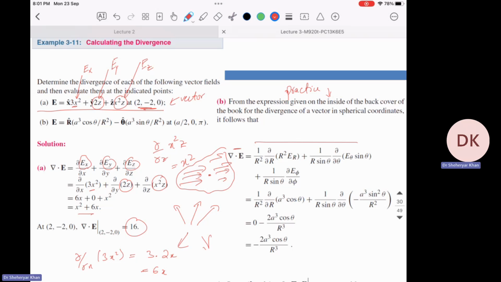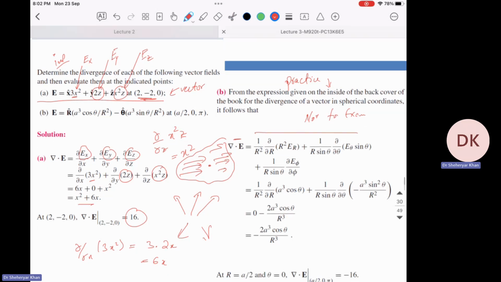This is not for exam, because divergence on rectangular component is okay. For exam we do not ask to apply on spherical or cylindrical, but we can ask this during the assignment. So you should know how to solve it in other systems, but in exam we do not ask this question for the other coordinate systems.